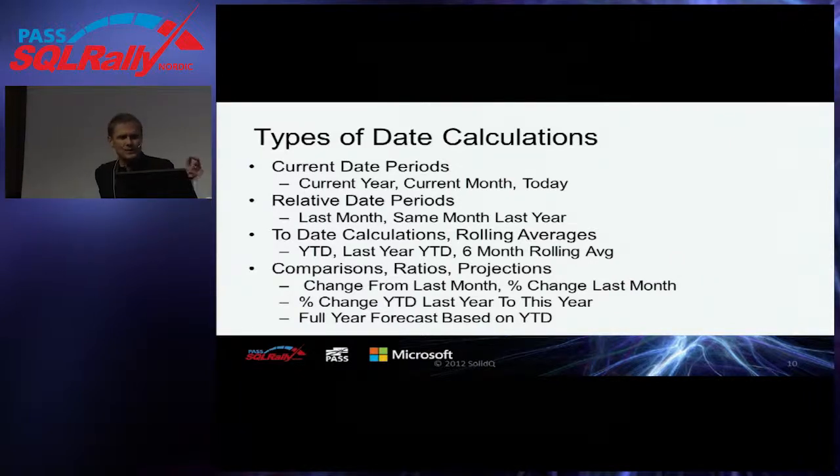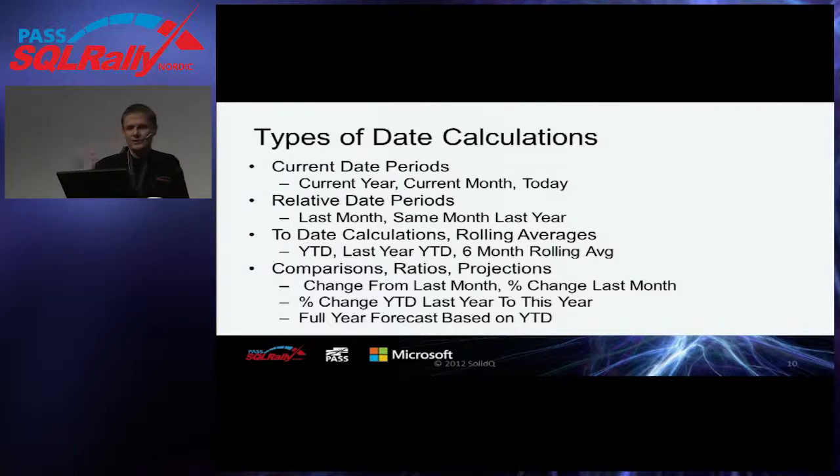The first type is really quite simplistic, the current date periods. You can do this without a calculation hierarchy. In fact, you can maybe do it better without a calculation hierarchy. And I'm going to show you each of these. Just again quickly: the relative date periods, to date calculations, rolling averages, and then comparisons, ratios, and projections.